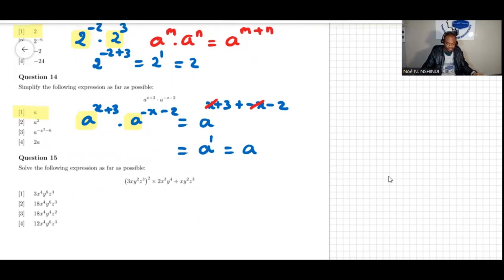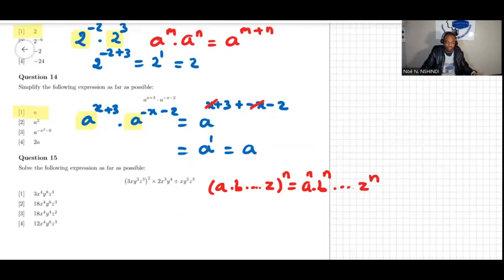Before I do that, there is a law of exponents that says that if you have a times b times dot dot dot times z, to the power of n, this is a to the power of n times b to the power of n, times dot dot dot times z to the power of n.